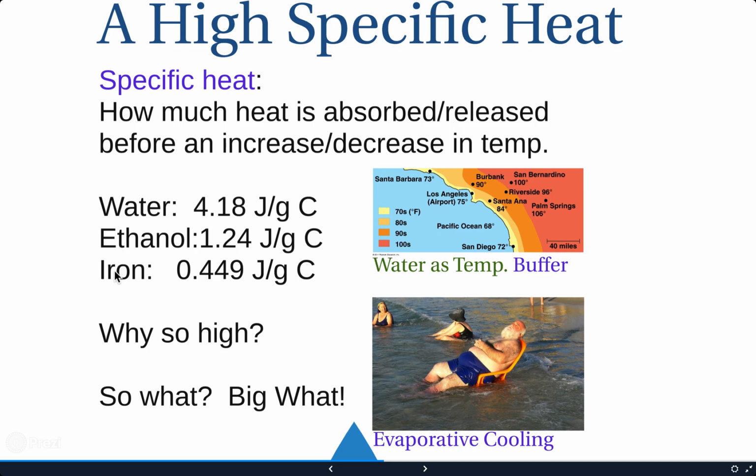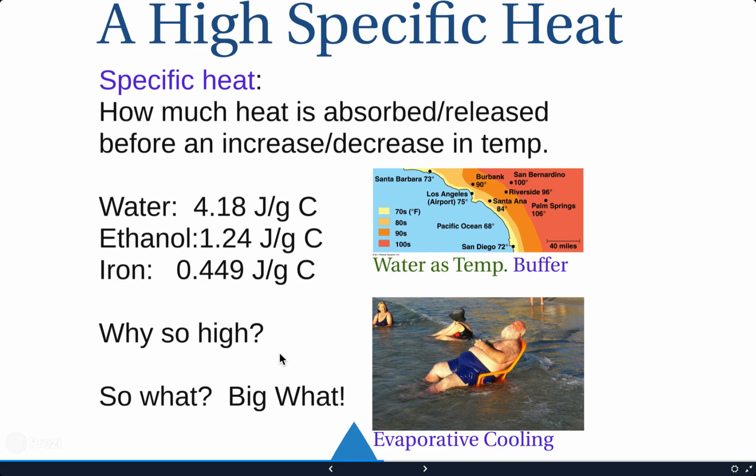If we look at these different molecules, water is 4.18 joules per gram Celsius. So it has to absorb this much energy before it will go up another degree Celsius. Ethanol is only 1.24 and iron would be 0.449. So you can see that water can handle a lot more heat before it actually changes temperature.